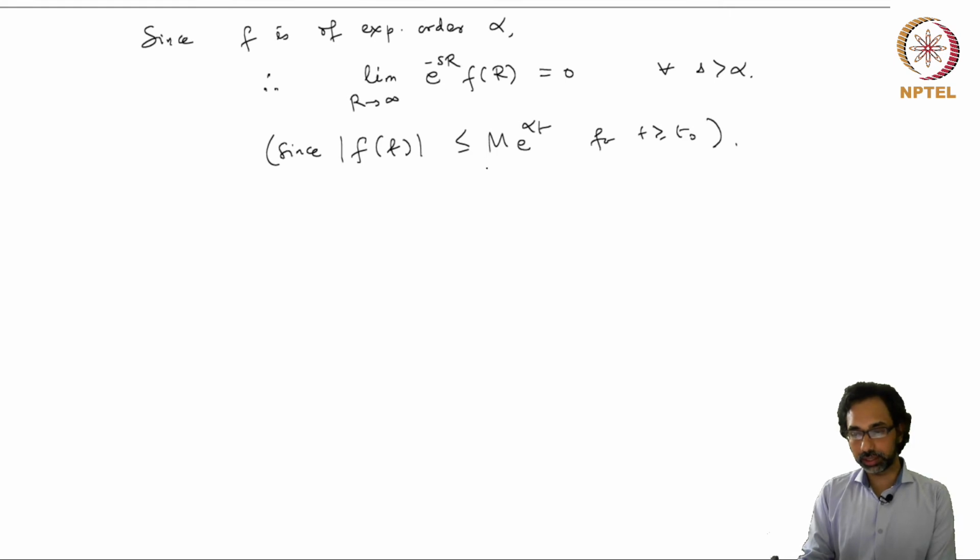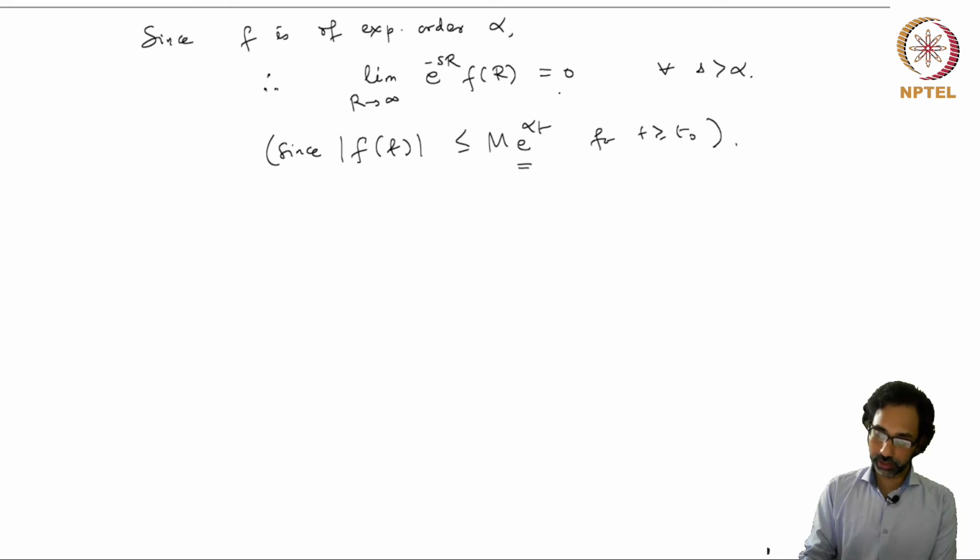So one can easily see that the modulus of f(R) is less than or equal to e^(alpha R), and so we get the limit goes to 0 for s greater than alpha.